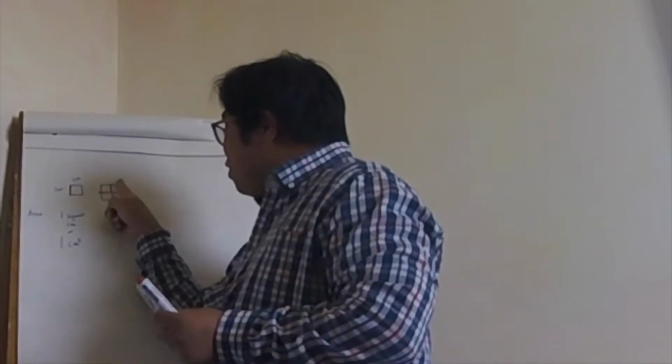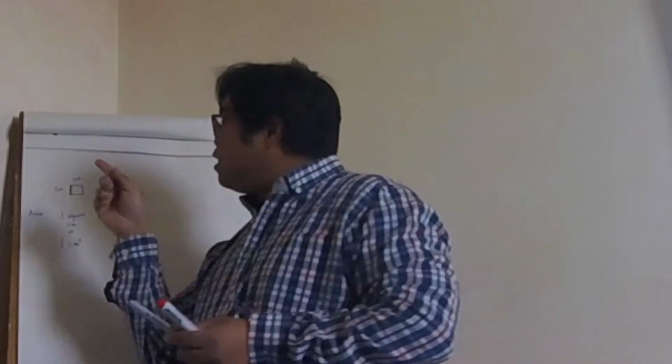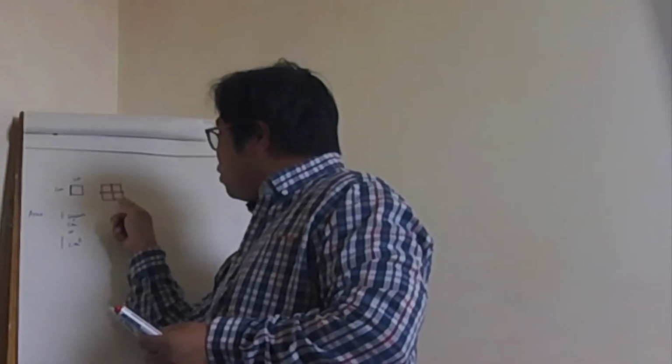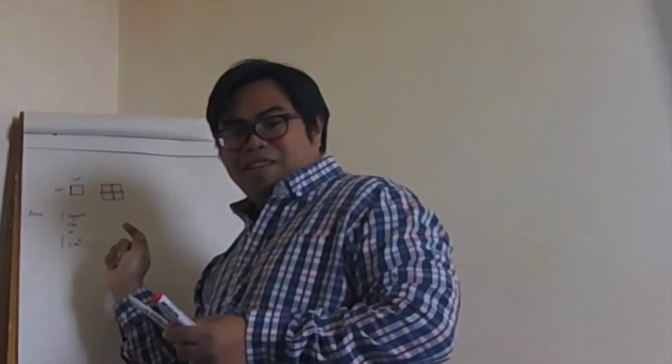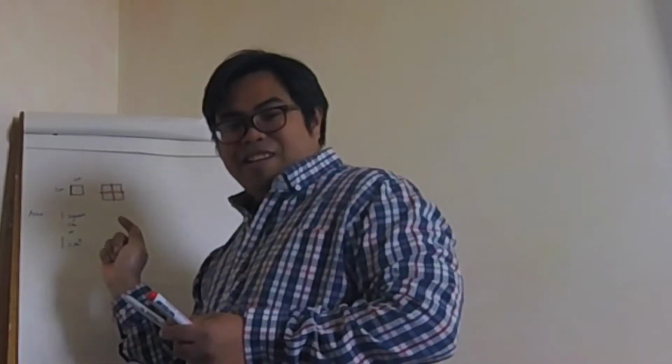Now, here is the next question for you. What is the area of the square? 2 centimeters square. What you need to look at is how many squares are inside the big square. Oh, so 4 square centimeters.